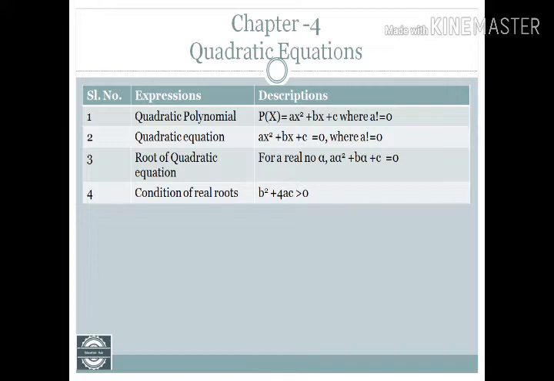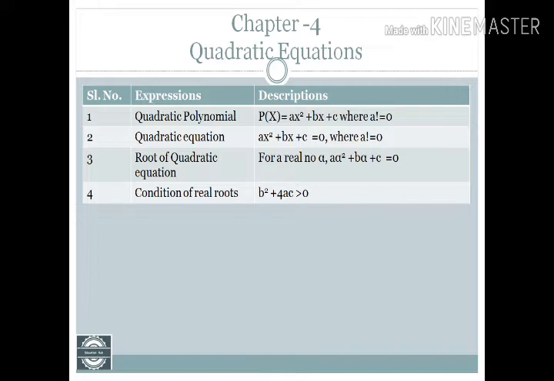Now here the terms quadratic polynomial, quadratic equation, root of a quadratic equation, and condition of real roots we are discussing here. The quadratic polynomial, you know, that is ax square plus bx plus c, where a is not equal to 0.